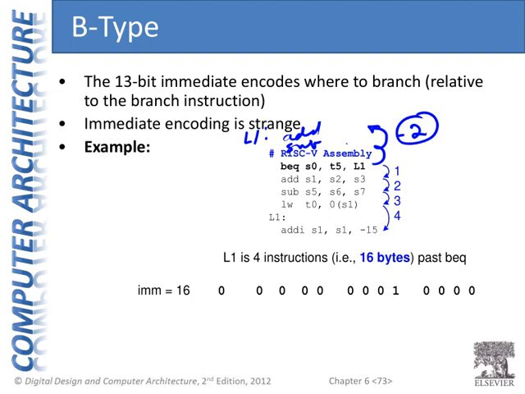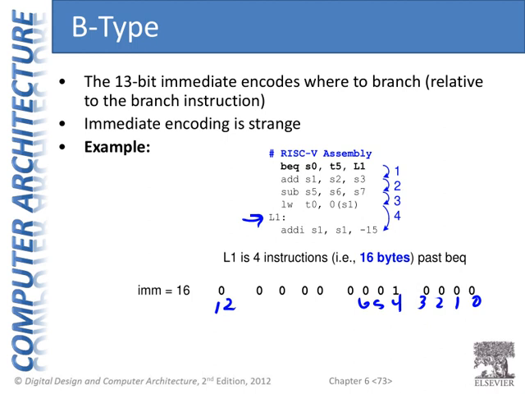But in this case, we're going to go back to our original case where our L1 label is 4 instructions or 16 bytes past the branch if equal instruction. And now we're going to say, well, let's see, this is bit 12. This is bit 0, 1, 2, 3, 4, 5, 6, 7, 8, 9, 10, 11.